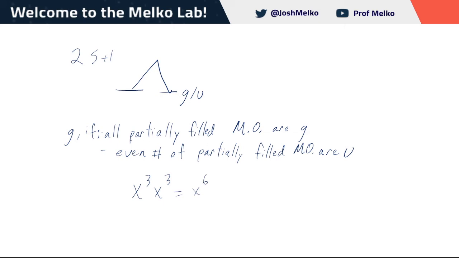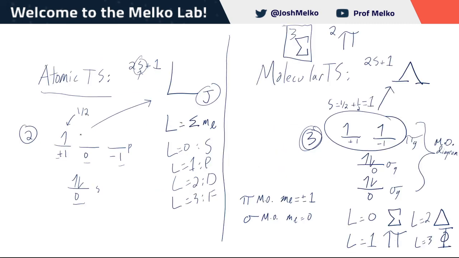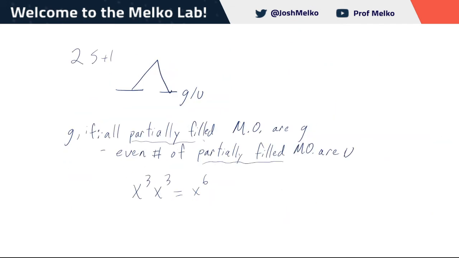And again, we're only really worrying about the partially filled ones here, just like we're worrying about the partially filled sublevels here, and not this so much when coming up with an atomic term symbol. We're doing the same thing here for molecular term symbols. So this is going to be gerade if all the partially filled molecular orbitals are gerade. So if the functions are x squared, x to the fourth, x squared, x to the sixth, it doesn't matter how many functions.